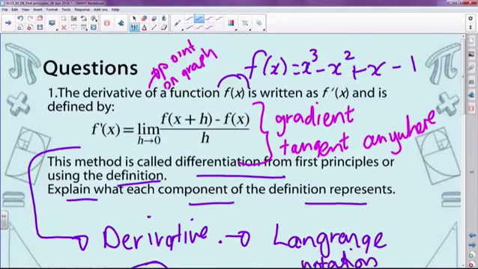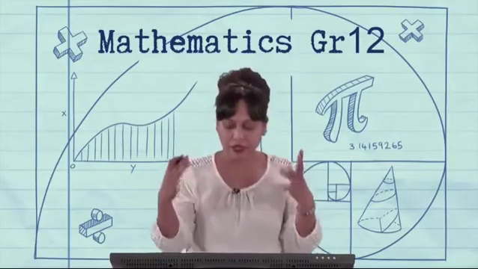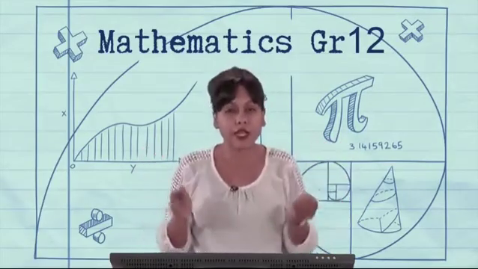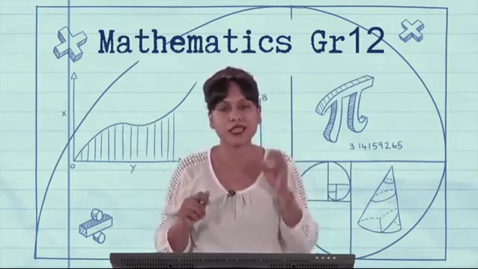The slope of that tangent, or the gradient of the function at any point. So a derivative value is really telling you what direction the curve is going in.